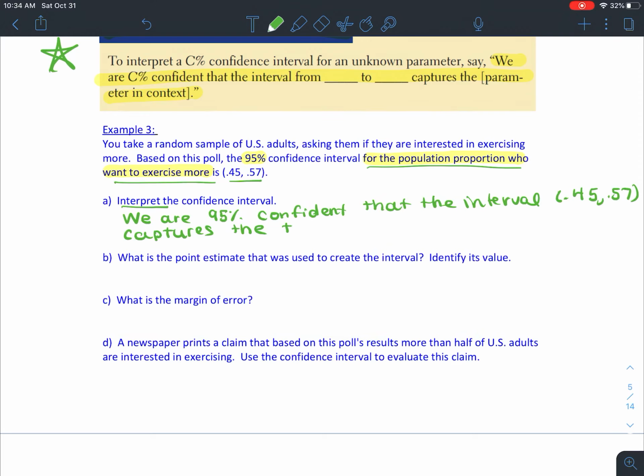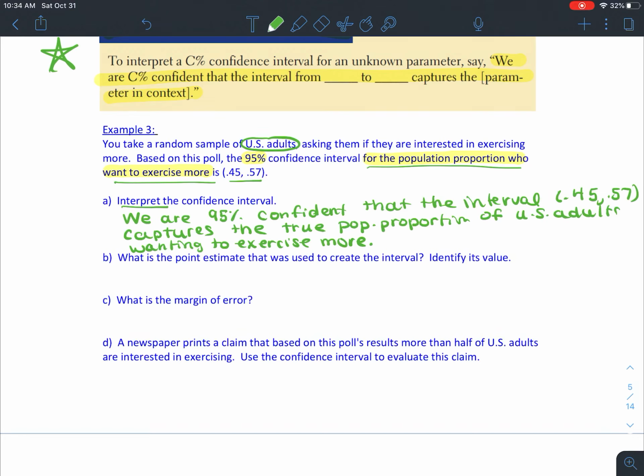It captures the true population proportion of U.S. adults, that's who we're talking about, U.S. adults wanting to exercise more. Absolutely crucial that we don't just say we're 95% confident that the interval from 0.45 to 0.57 captures the parameter. We always need to use context.